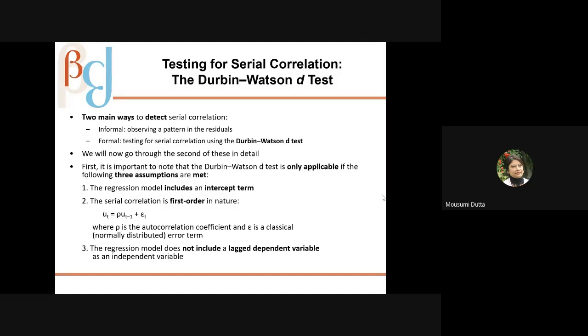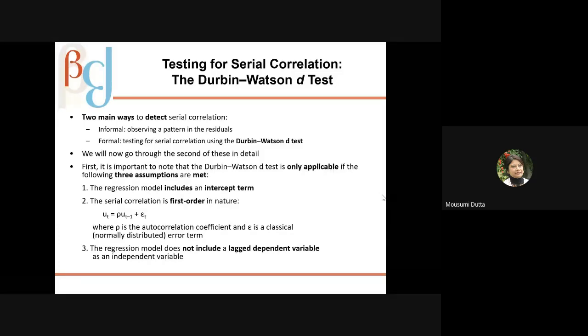Now, what is a moving average process? If U_t is regressed on different lags of the classical error, epsilon_t-1, epsilon_t-2, etc., then the process is called the moving average process. You are considering different lags in terms of error.